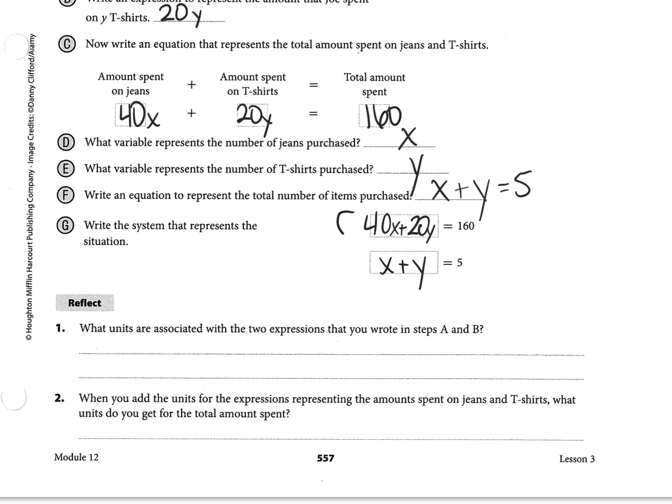Remember, they use the symbol like this to represent that it's a system of equations. What units are associated with the two expressions that you wrote in steps A and B? The original equation is talking about money, and it's measured in dollars.